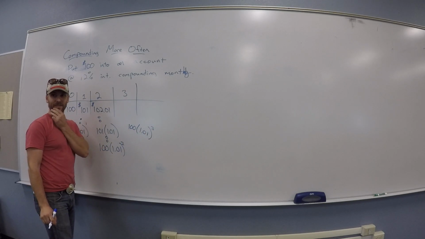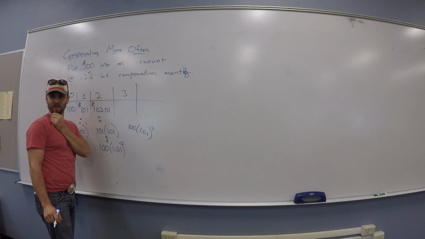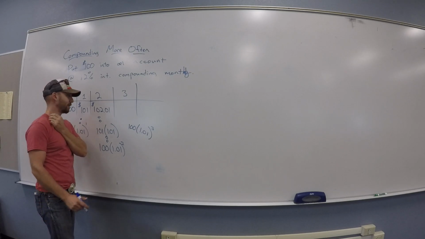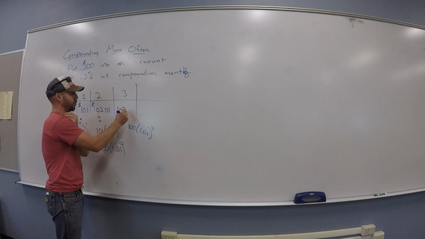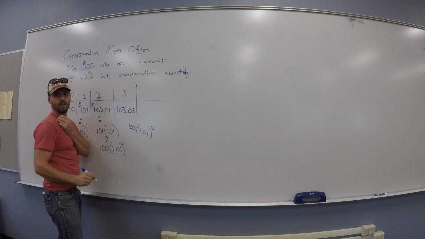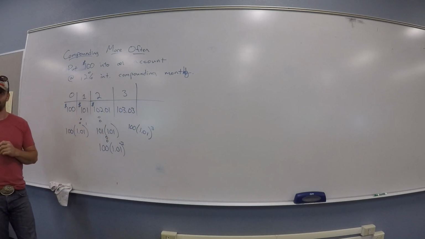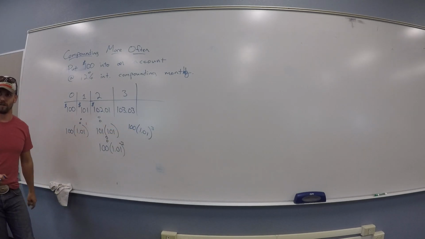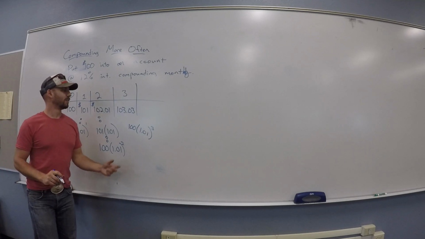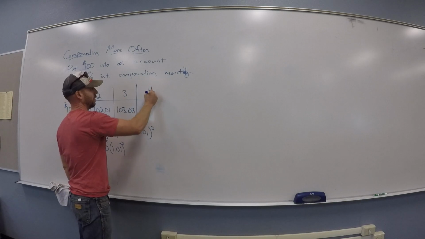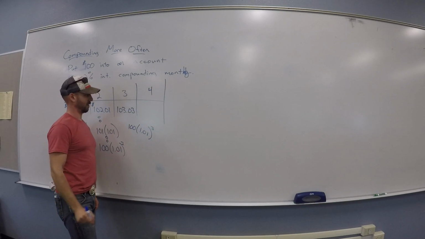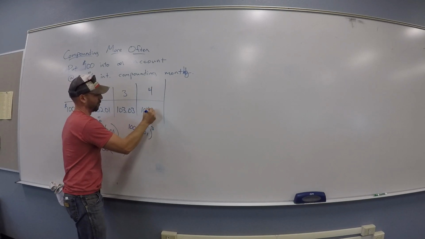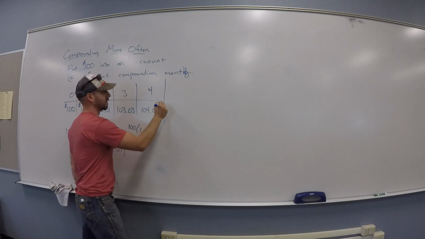You didn't have 100 here, you had 101 here. No worries. So then the next one, month 4, is 104.06.